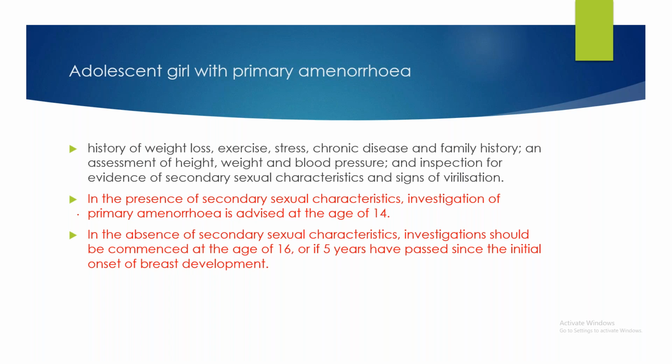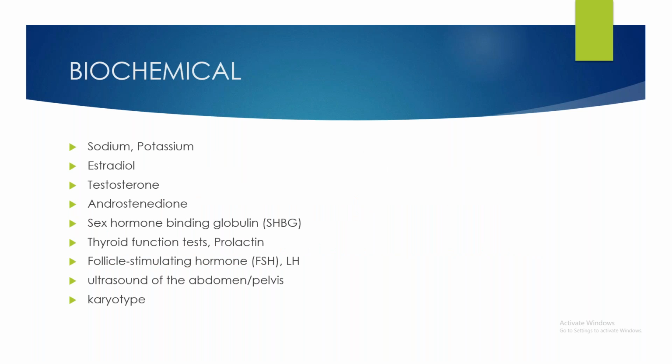And in the presence of secondary sexual characteristics, amenorrhea investigation should be started at the age of 14 years.